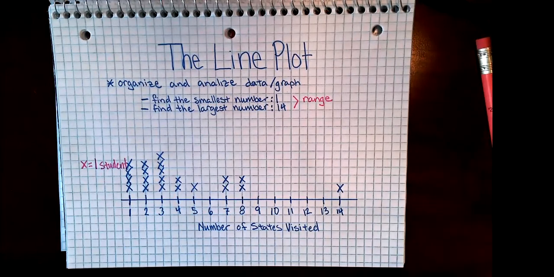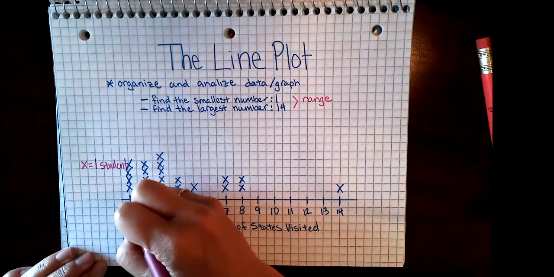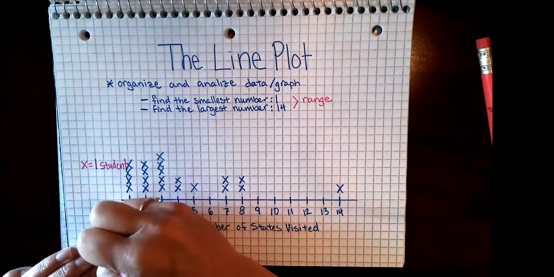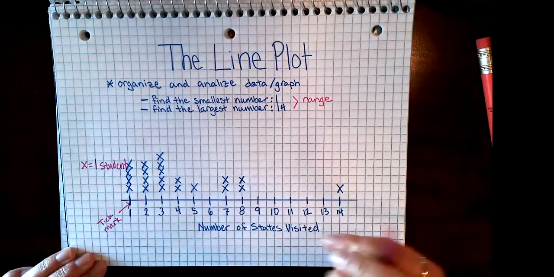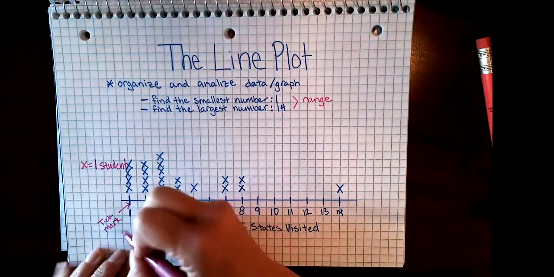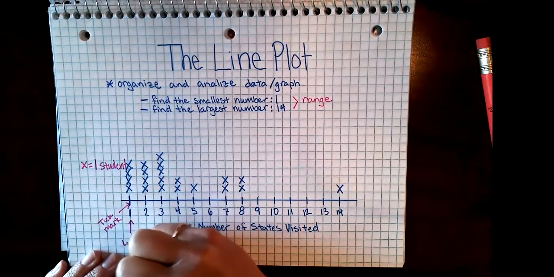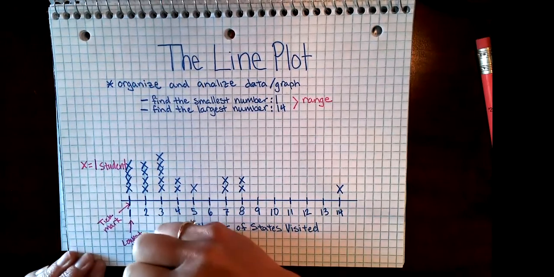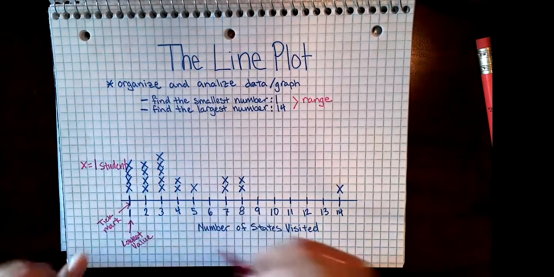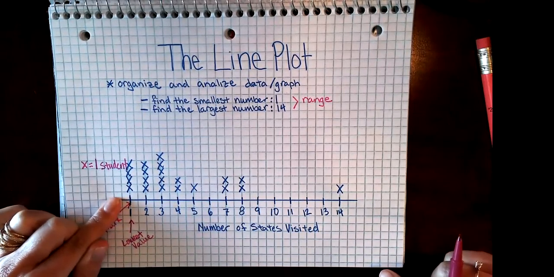Okay, now I'm going to do some labeling here. I want to remember, you guys, that this line is called a tick mark. I also want to remember that this 1 right here is the lowest value. I want you to remember that you always start with the lowest value.